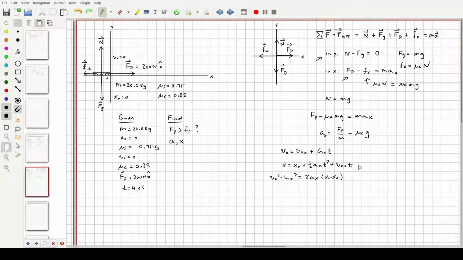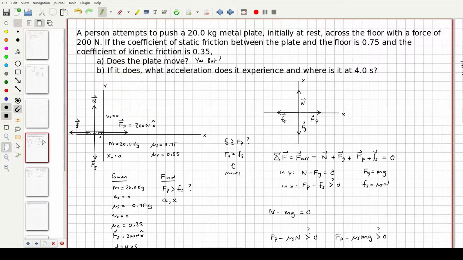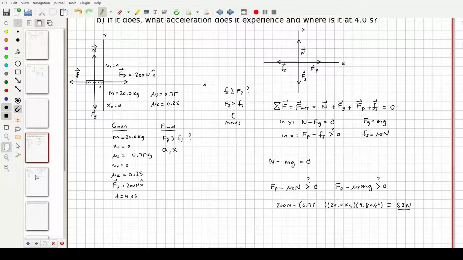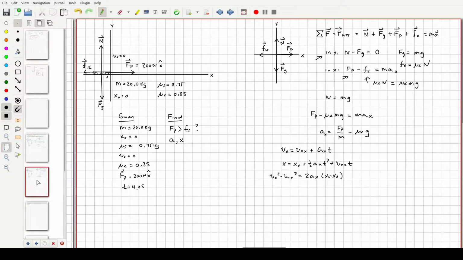Okay? Now, if you go back here and you look at this, we're trying to find the acceleration and also its position after 4 seconds.